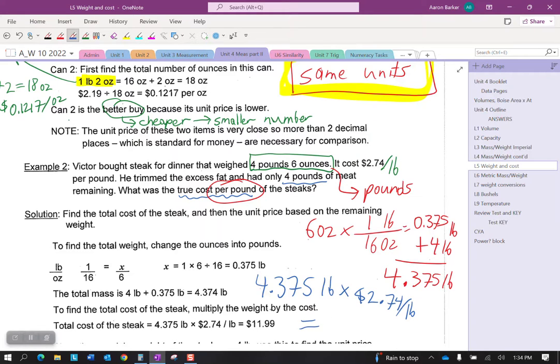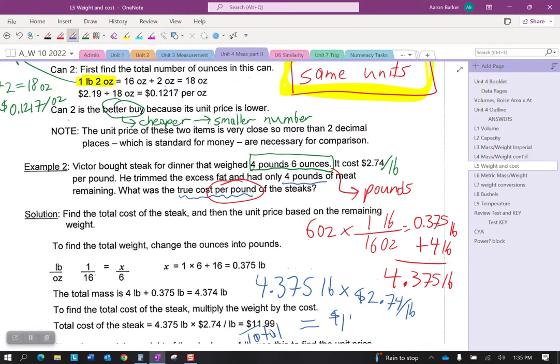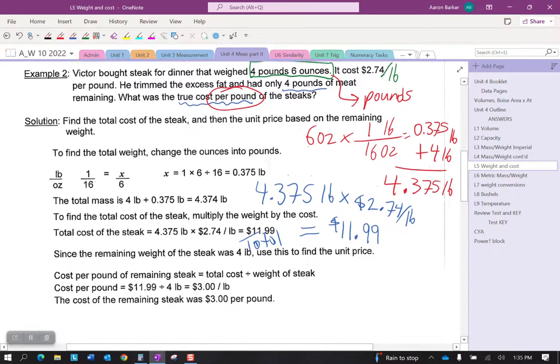That's going to equal your total cost. So multiply those: 4.375 times 2.74 equals $11.98. So we round up to $11.99. So that's how much we paid for the meat.